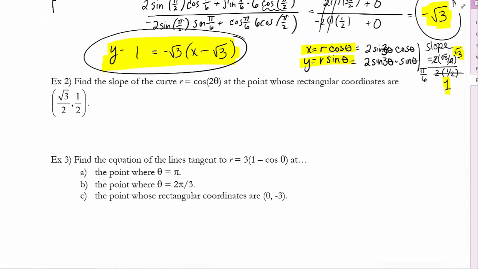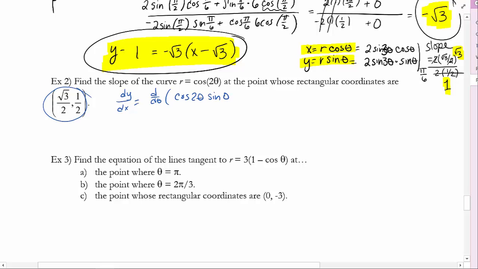Okay, so let's see here what's going to happen on example 2. On example 2, we've got to find the slope of the curve r equals cos 2 theta at the point whose rectangular coordinates are this. So still slope in polar is going to be dy/dx equals d/d theta of r sine theta over d/d theta of r cos theta.